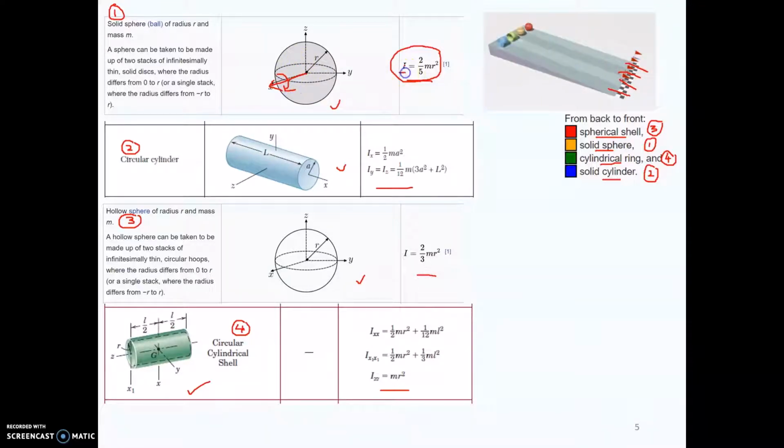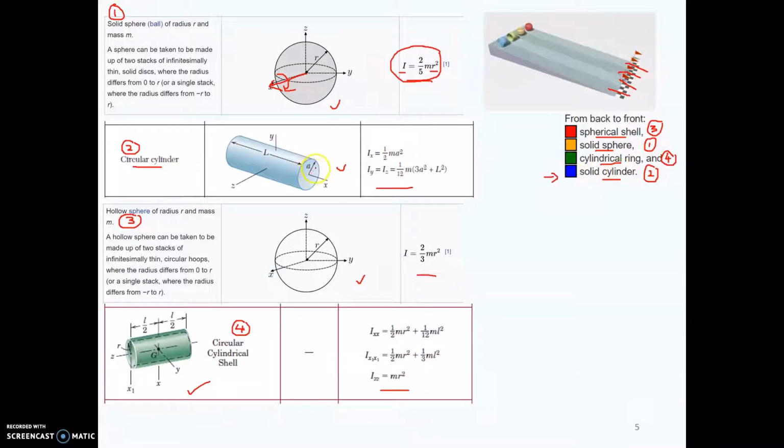The mass moment of inertia for the solid sphere is the same in all directions and is given by 2 divided by 5 multiplied by the mass of the object multiplied by the radius squared. For the second case, you have the circular cylinder, or the solid cylinder.